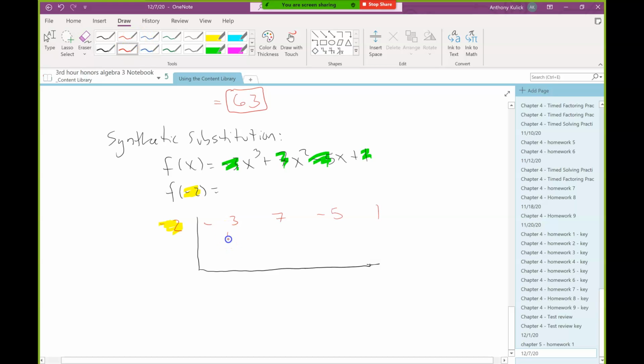The first step is that we're going to just take the first number inside the bracket and bring it down. Then we're going to take the number on the outside, multiply it to the number underneath, write our answer here, and then add down.